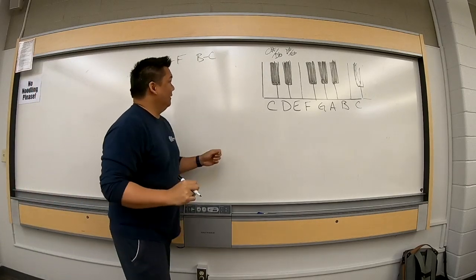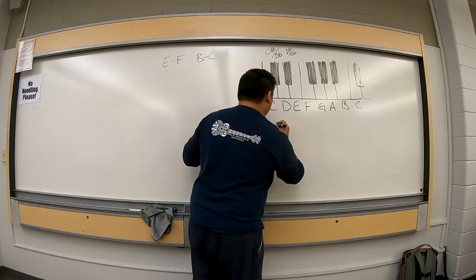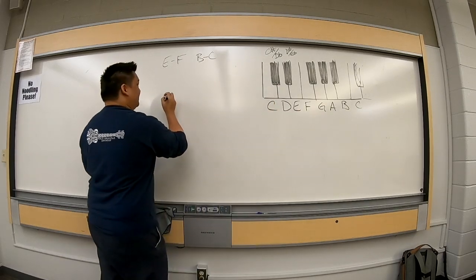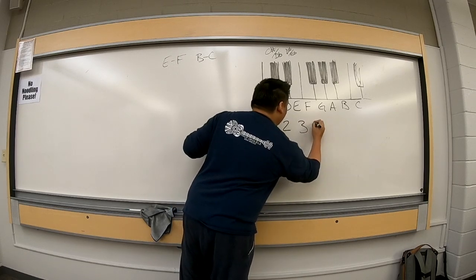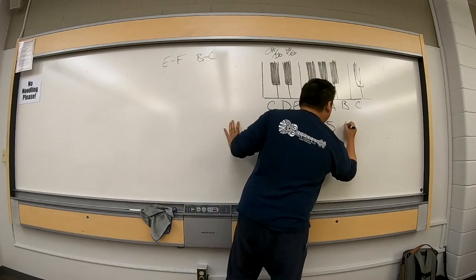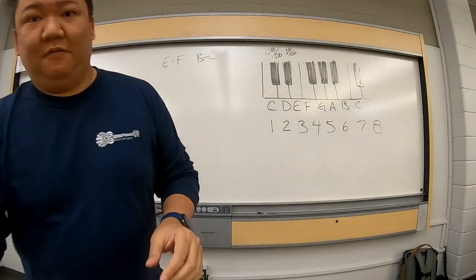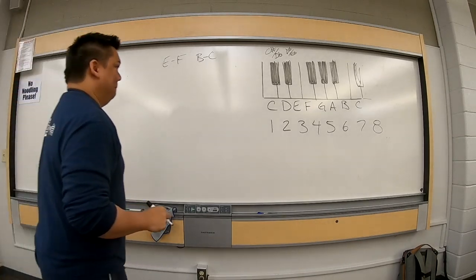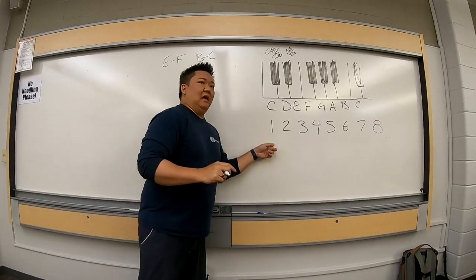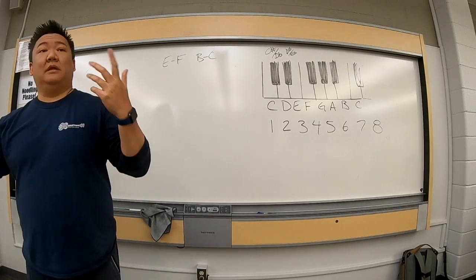Now, let's take a look at this. If I lay out my scale notes, 1, 2, 3, 4, 5, 6, 7, 8, and make sure everything is in frame. How many have heard of the term whole, whole, half, whole, whole, whole, half?